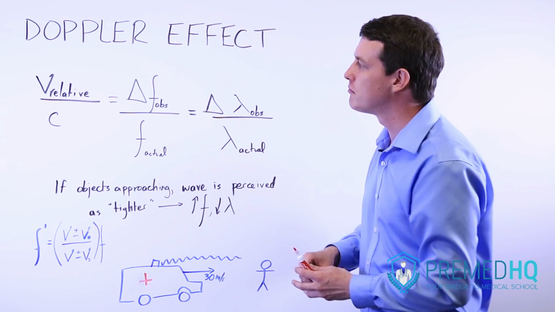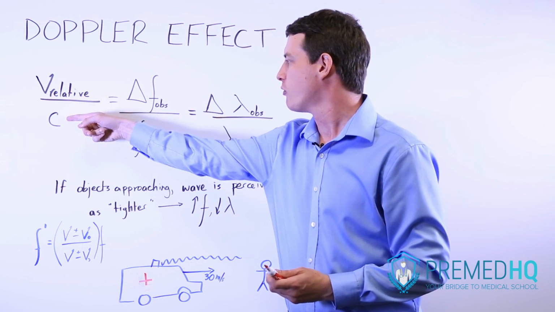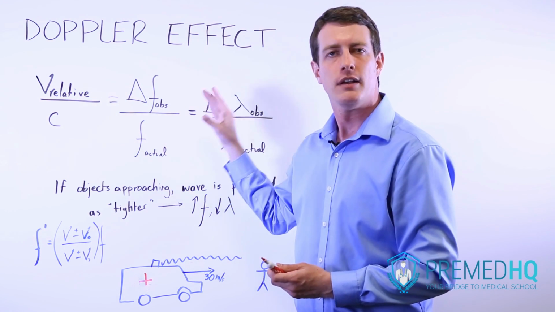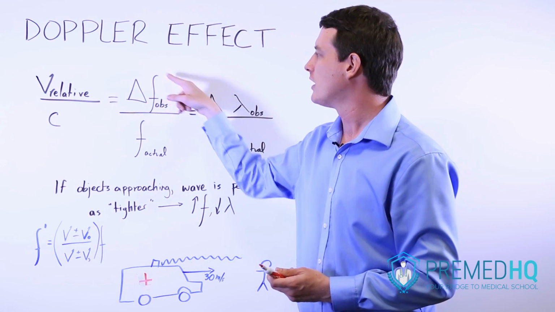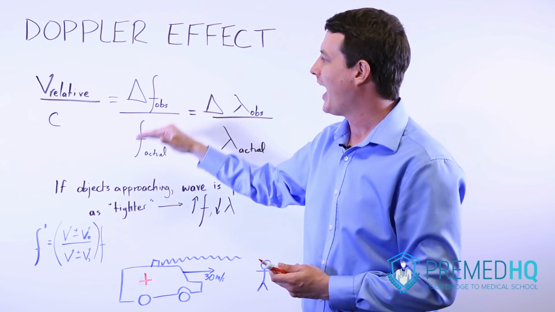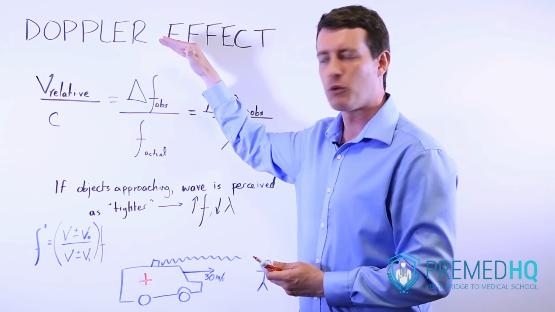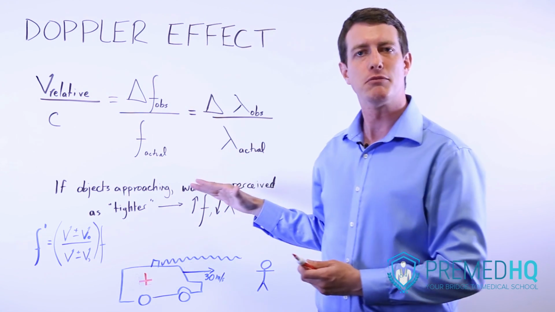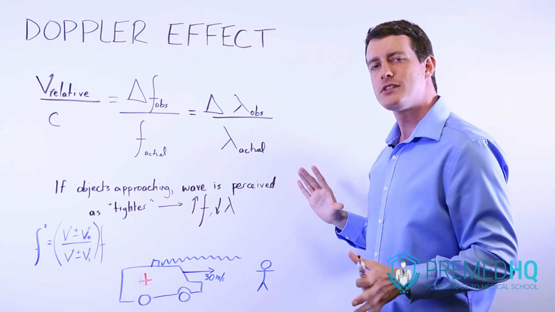And so you can plug in those numbers, 30 over 343. And if we knew the actual frequency, then we could figure out what this observed change was, and we would know whether we're supposed to add that to the frequency or subtract that from the frequency. And that's how the Doppler effect works.